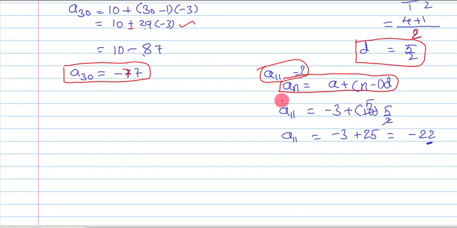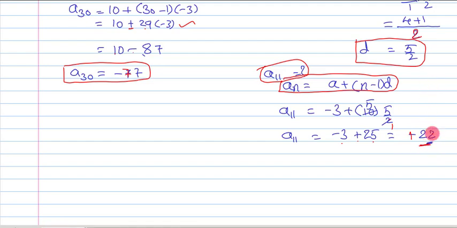So A11 is equal to minus 3 plus 11 minus 1, that is 10, into D which is 5 by 2. So 2 ones are 2, 2 fives are 10. Then A11 is equal to minus 3 plus 25, that is plus 22.